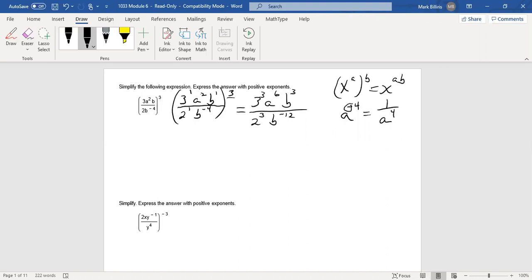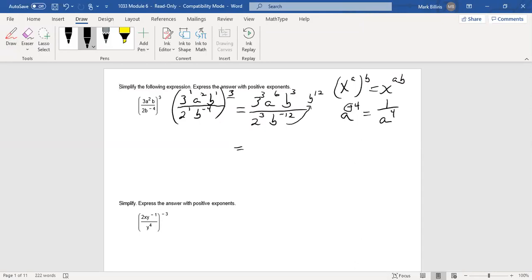What we're going to do next is deal with the negative exponent rule. Again, when we are using the negative exponent rule, it says we take the reciprocal. So all that's going to do is move the b to the negative 12th power up to the top, and we'll change the sign of the exponent, because we're taking the reciprocal, so the denominator becomes the numerator.